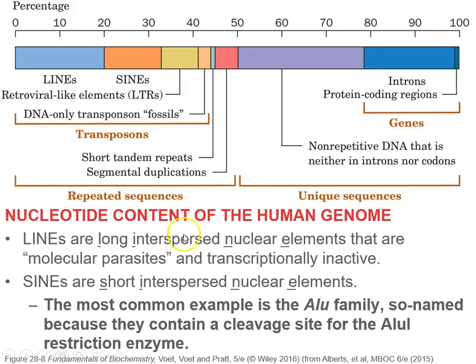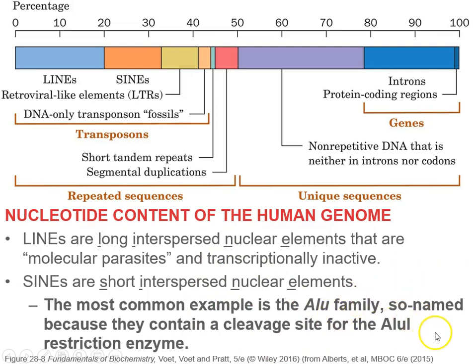So if we look at the nucleotide content of the human genome, it's maybe a little puzzling, at least for me, because I'm not a geneticist, but there are LINEs, which are long interspersed nuclear elements. Our book authors call these molecular parasites. They're transcriptionally inactive. SINEs are short interspersed nuclear elements. The most common example is the ALU family.